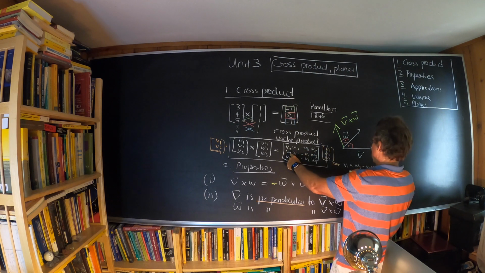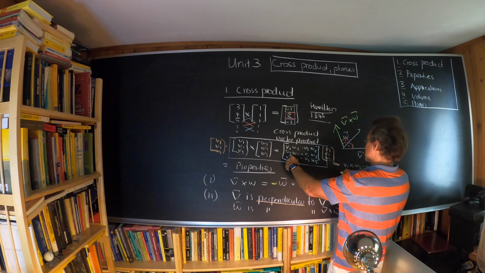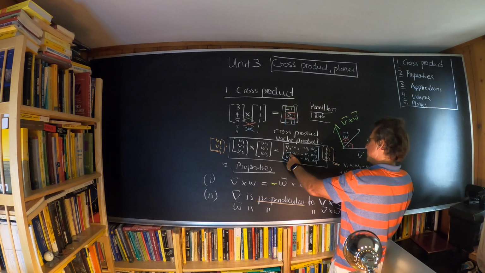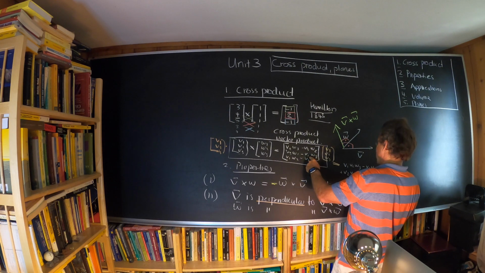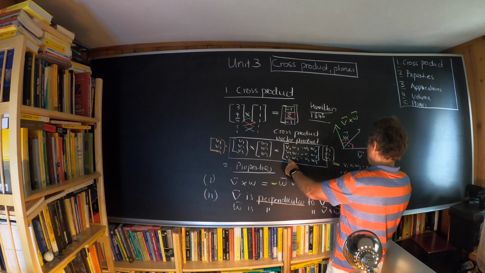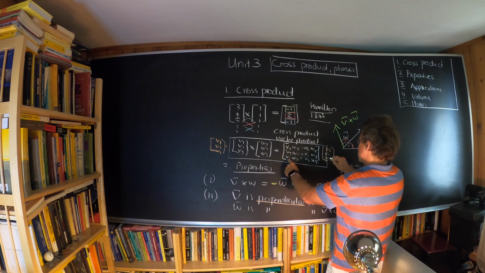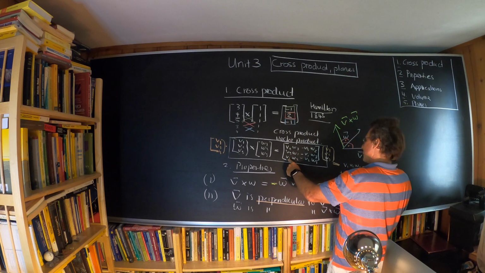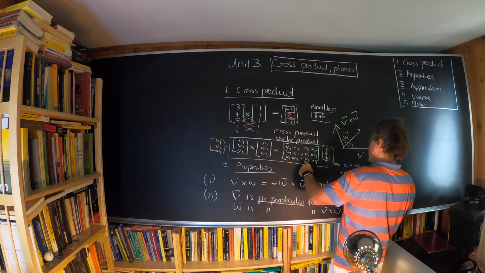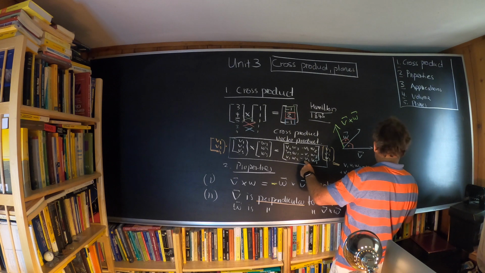And then the second part is plus V2, V3, W1 minus V2, V1, W3. And then the last part is plus V3, V1, W2 minus V3, V2, W1.